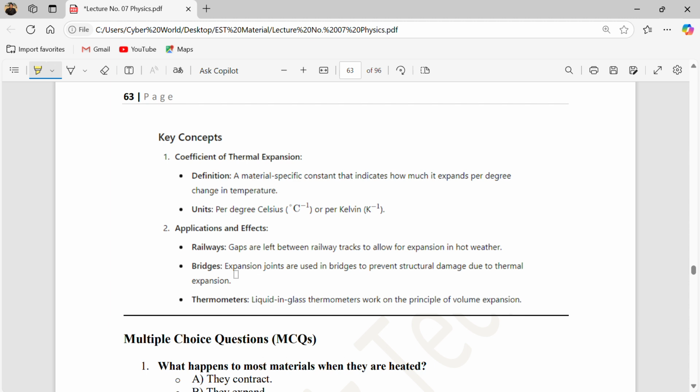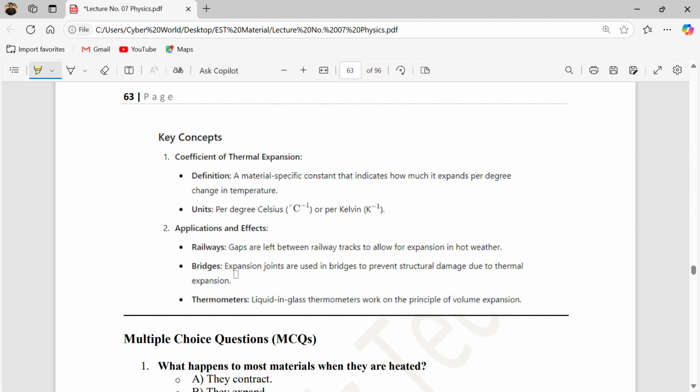If we do not provide space, they will overlap and the track deforms, and then there are chances of a train accident. So we must have some free spaces between those tracks. In winter the metal contracts, so due to that climate change we must provide gaps. In bridges, a similar procedure: we leave some space to avoid damage due to thermal expansion.